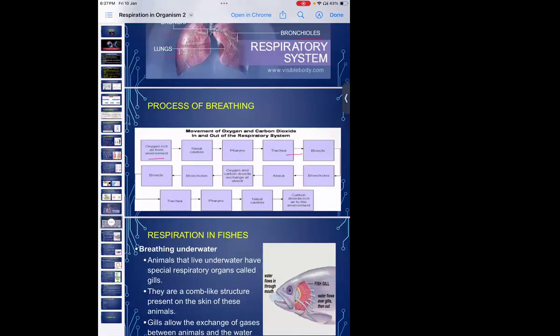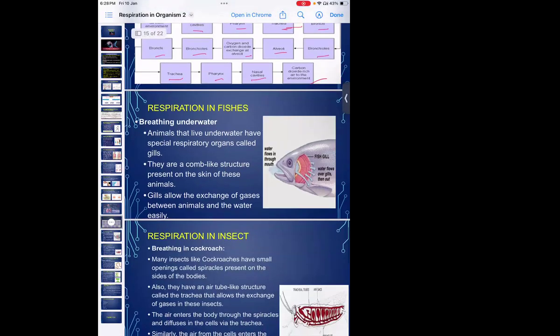The oxygen-rich air from the environment enters the nasal cavity, goes to the pharynx, trachea, bronchi, bronchioles, alveoli. Now, the reverse process starts. The carbon dioxide is given to the bronchioles, then to the bronchi, bronchi to the trachea, trachea to the pharynx, pharynx to the nasal cavity, and then outside. Am I clear how the respiratory system works?